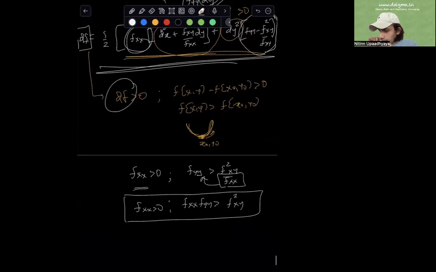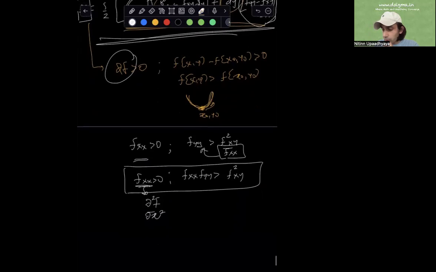So now notice by symmetry that if I'm ensuring that fxx, which is nothing but two partial derivatives of f with respect to x, is positive, then by symmetry from this expression, since the right hand side is positive, it requires that fyy is also positive. So the second partial derivative of f with respect to y squared is always positive.